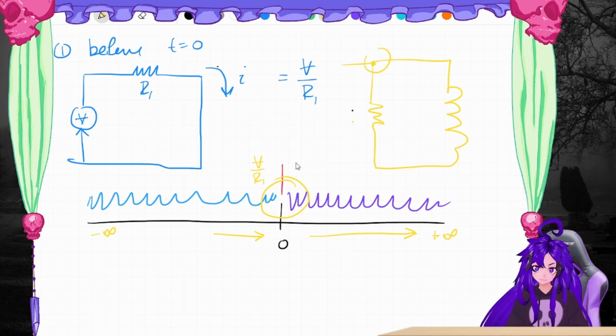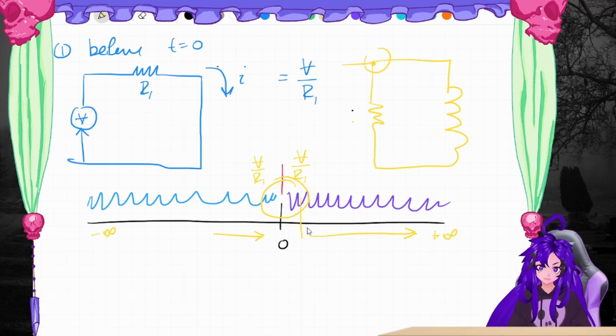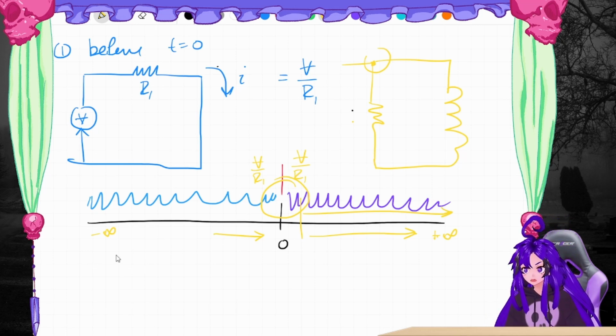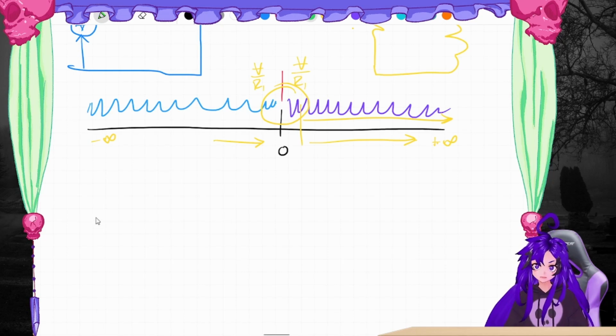It's still there. So it's still V over R1 on this side for this example. And then it's going to start changing, immediately when t is greater than 0. But for now, it's still there. So we need the time constant to be able to mesh these together.